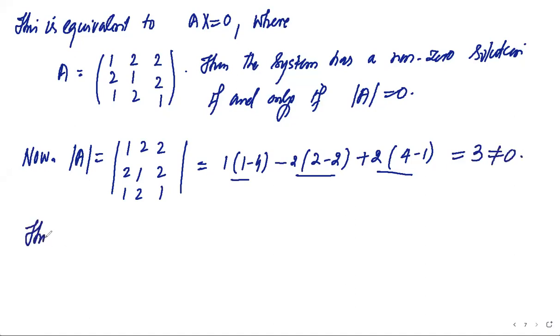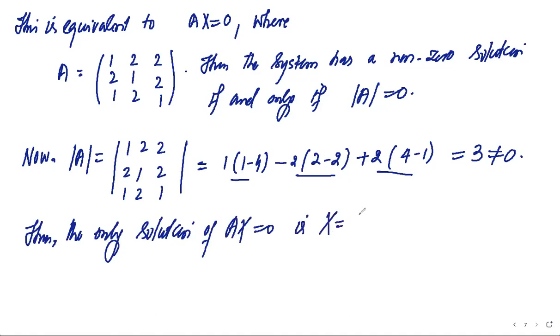Thus, the only solution of Ax equal to 0 is x equal to 0. क्योंकि यहाँ पे हमें ये मैट्रिक्स जो है ये इन्वर्टेबल मैट्रिक्स मिली. तो अगर हम इस इक्वेशन को A इनवर्स से मल्टीप्लाई करेंगे, what we will get? x equal to 0.